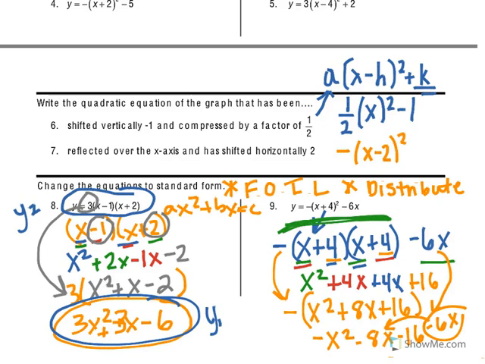So our final answer would actually be negative x squared minus 14x minus 16. And you can also check that by plugging this into y equals 1 and this into y equals 2 to see if they match.